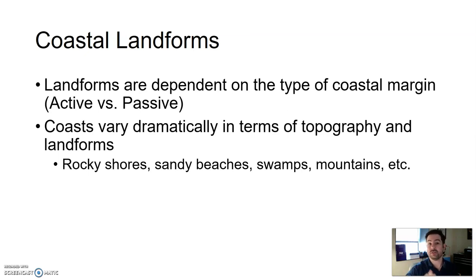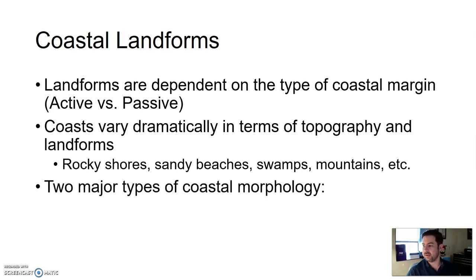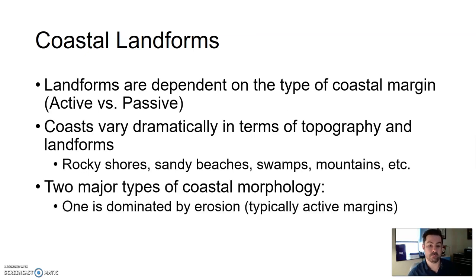Some are rocky shores, some are sandy beaches, some are swamps, some are mountainous, etc. There's two major types of coastal morphology, so what it's shaped like, what it looks like. One is dominated by erosion. So these are landforms that are created by material being taken away, typically active margins, where the landforms you see are due to material being broken down and taken away.